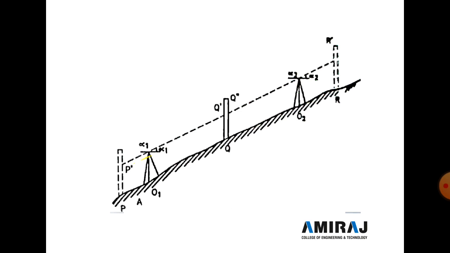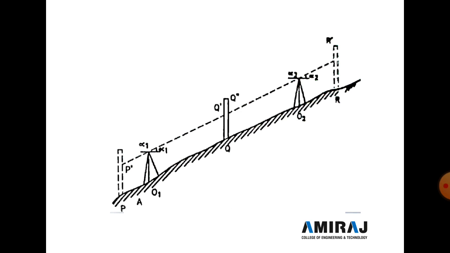So here alpha 1 is not changed; turn the telescope and bisect the other point, rotating the telescope without changing the vertical angle alpha 1. Last time alpha 1 was in a downward direction, now alpha 1 is in an upward direction. Measure the slope distance PQ between P and Q, and RL of Q is equal to RL of P dash plus PQ sin alpha 1 minus Q dash.